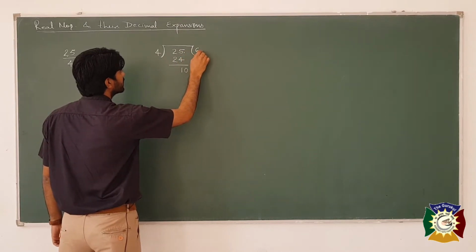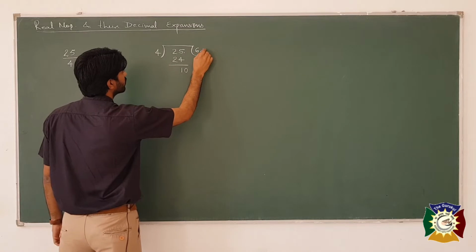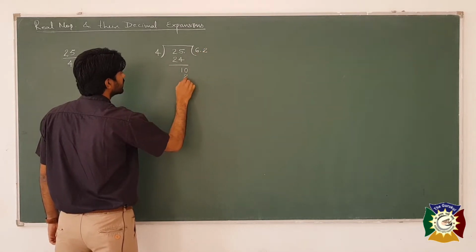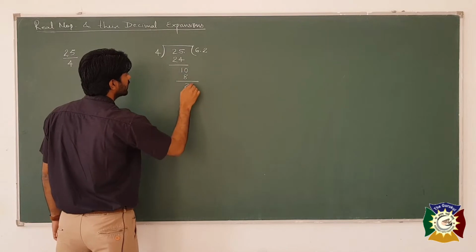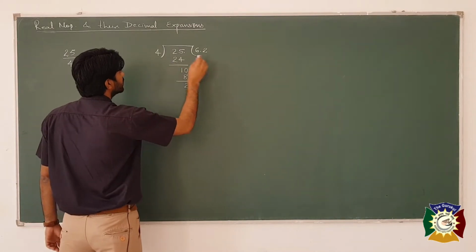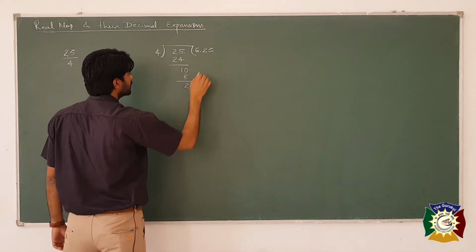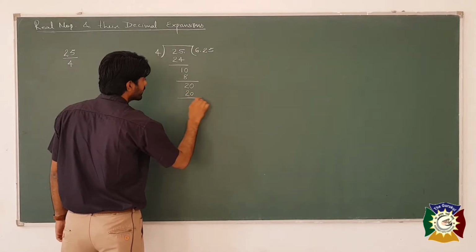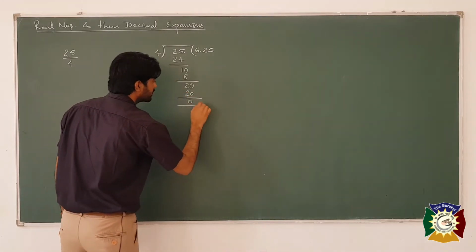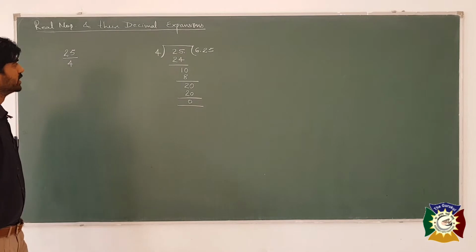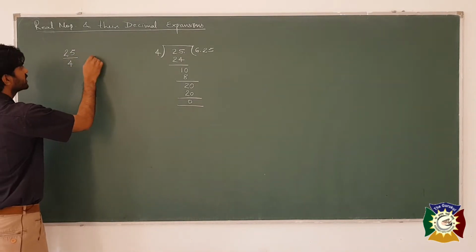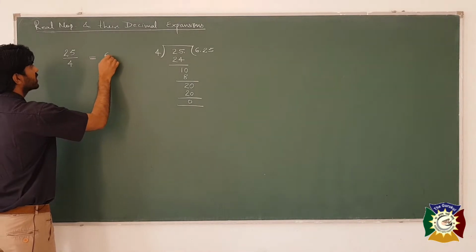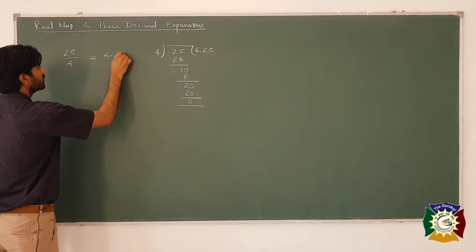Then 4 twos are 8, then we are left with 2. Then again we will have a 0. Then 4 fives are 20, and the remainder becomes 0. So 25 divided by 4 is equal to 6.25.